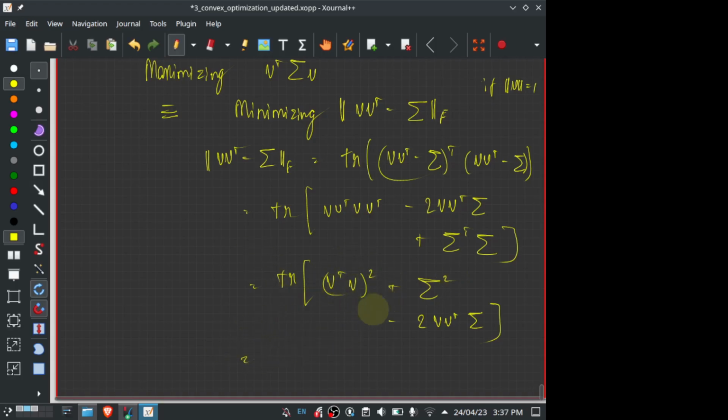But what is the first quantity equal to? It's 1, because we're assuming that the norm of V is equal to 1. That's important. So it is 1 plus some constant, because this is given to us, minus what is trace of V transpose sigma V?